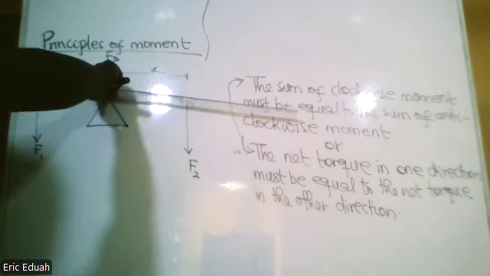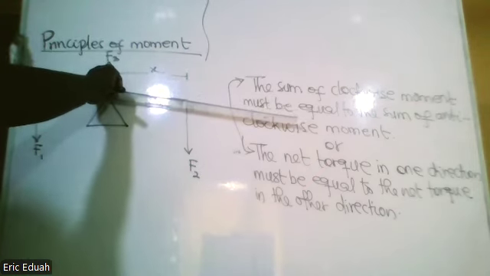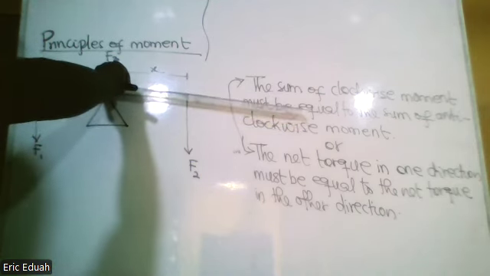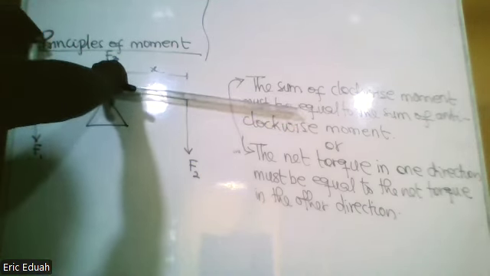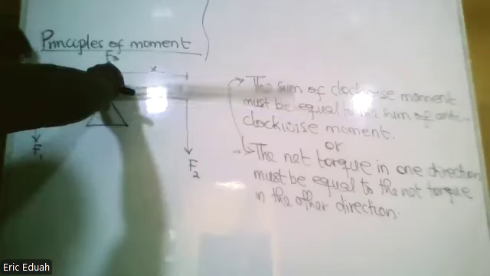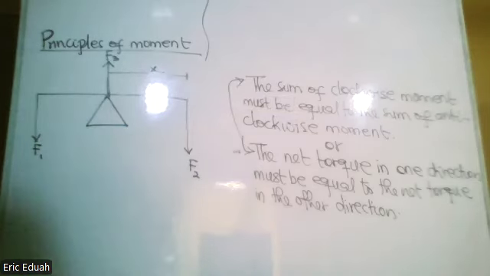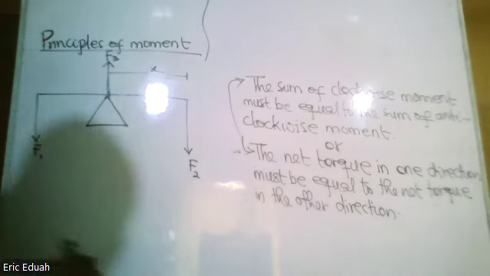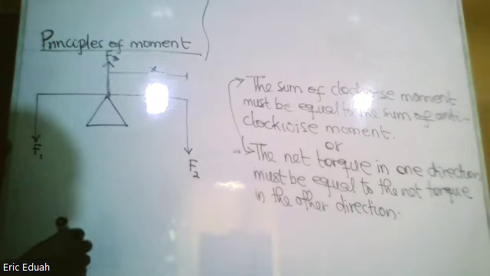If my hand is a pivot and I exert a force in the direction of F1, it turns the bar in the anti-clockwise direction. So you look at the forces here, which will give you clockwise and anti-clockwise movement.